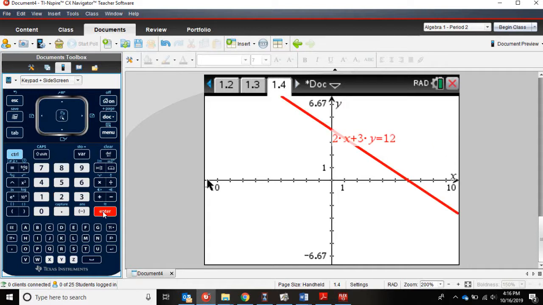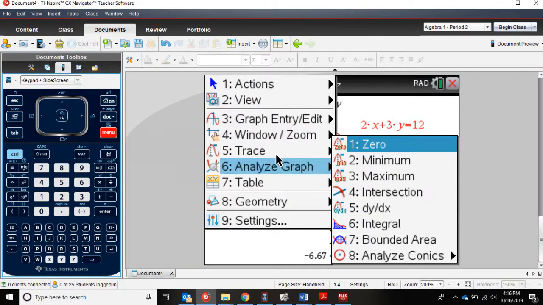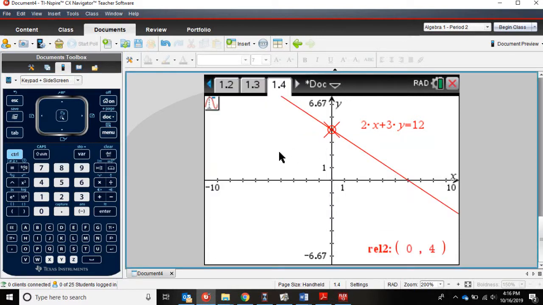and just graph it. So again, you're looking for your x and y intercepts, and you can count it and write the ordered pairs down, and then you can use menu 5, 1 to trace your graph and get your points. So here it's telling you your y-intercept is 0, 4.